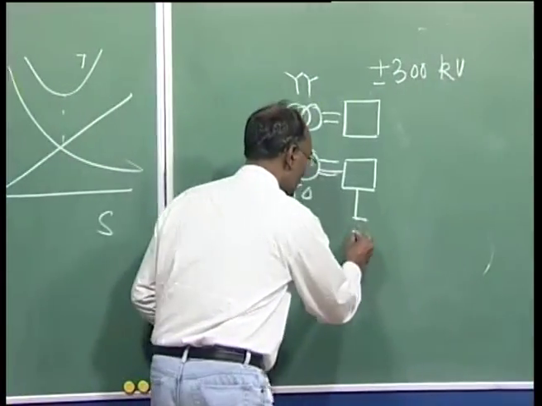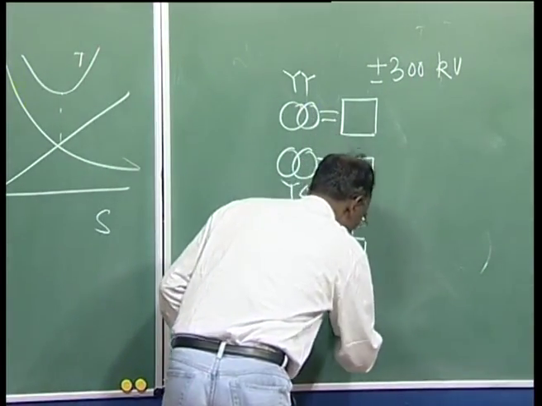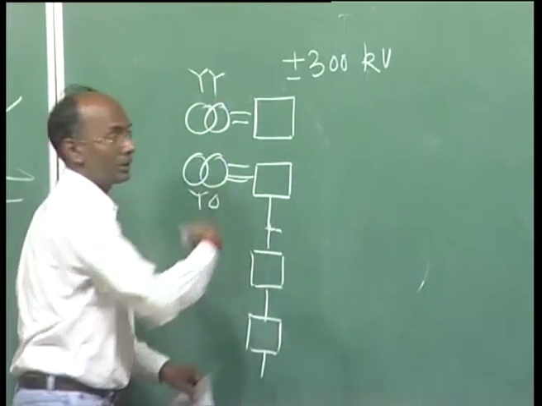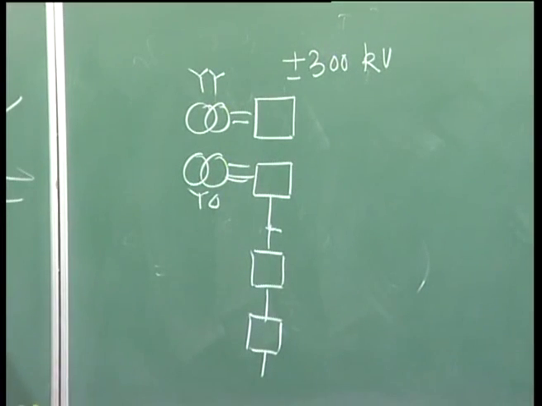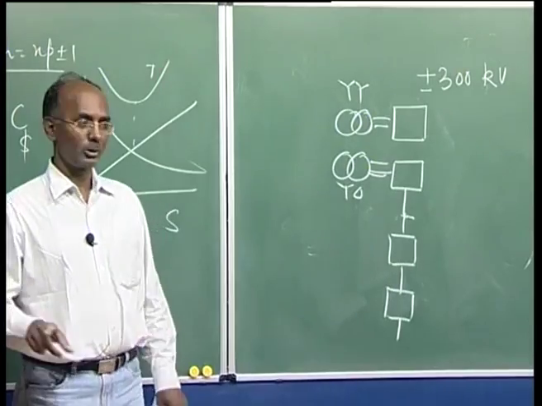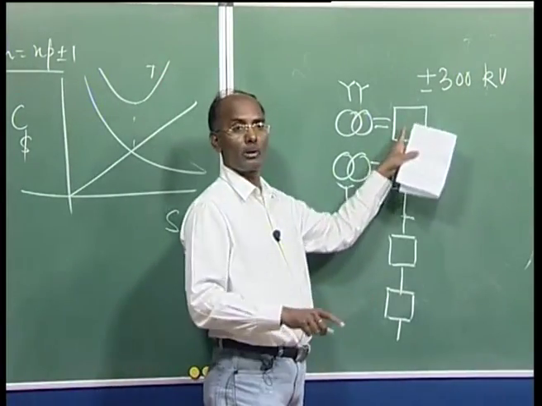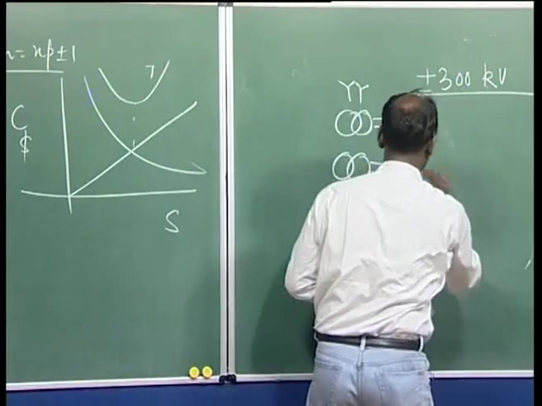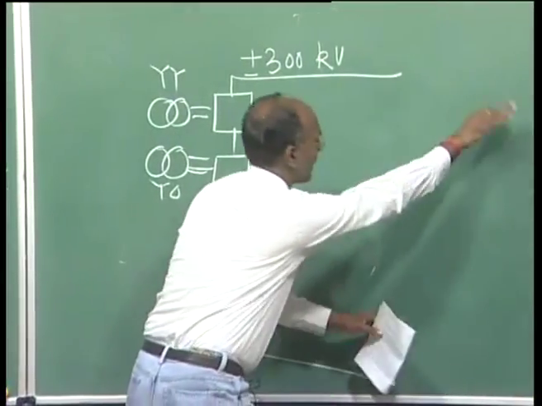Then the remaining ones form the negative side. So, these are the 4 bridges in total. It is not said 4 bridges per pole, it is said 4 bridges in total. So, 4 bridges means 2 bridges per pole, this is your DC going here, and this side also we are having.